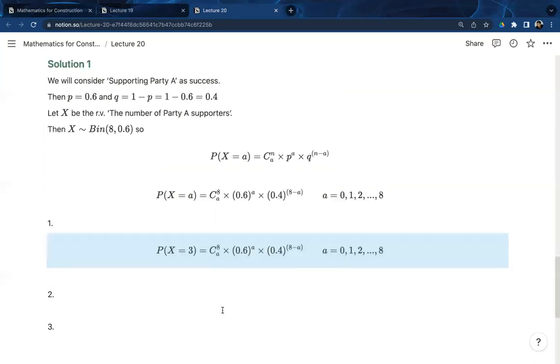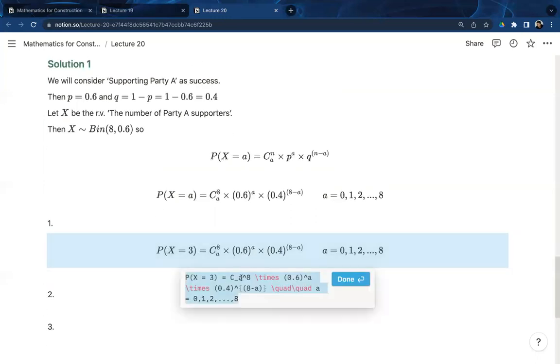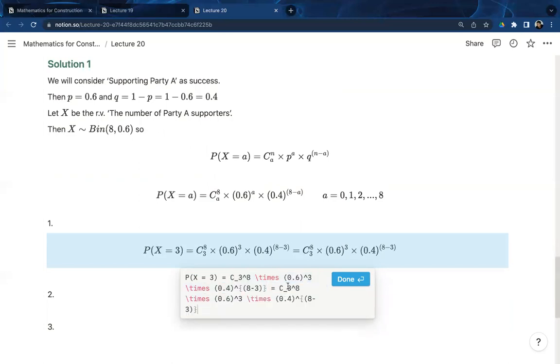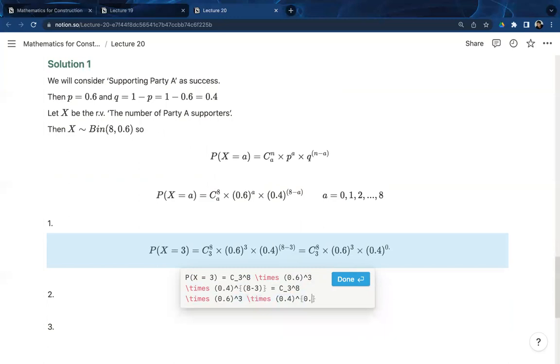So A will be the value 3. So we put 3 inside of here, 0.6 cubed, 0.4 to the power 8 minus 3, right? So that's 0.4 to the power 5. Sorry.